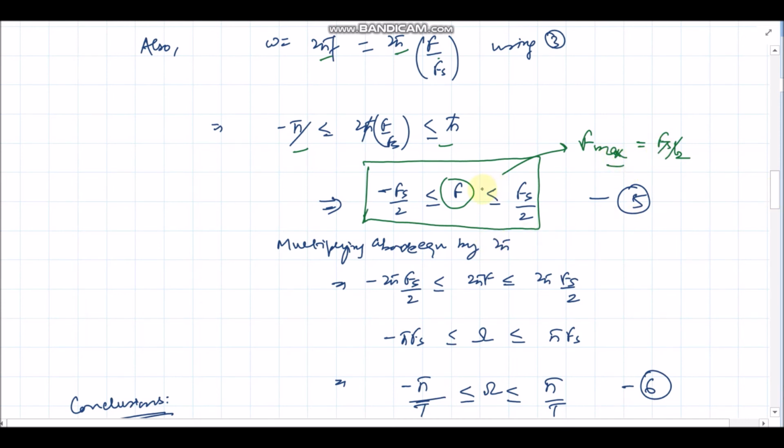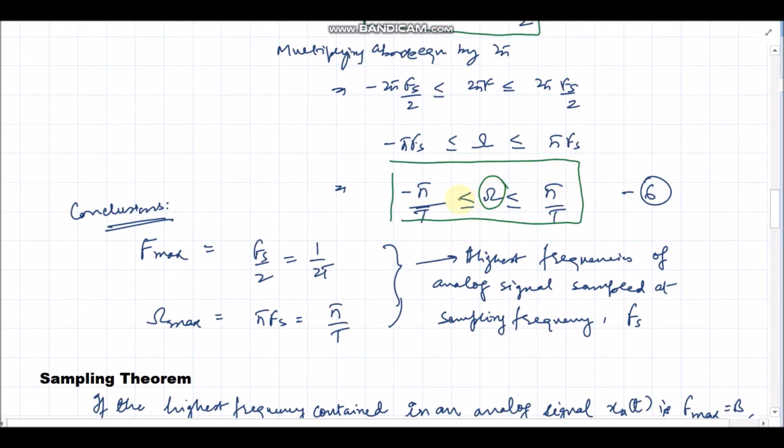Multiplying the above equation by 2 pi, we get this relation. What this relation says is the angular continuous time frequency is limited between minus pi by T to pi by T, where T is the sampling interval, or minus pi fs to pi fs.